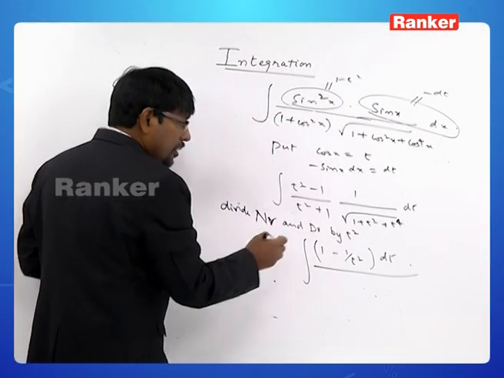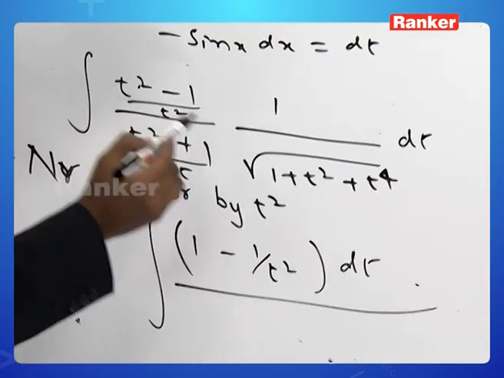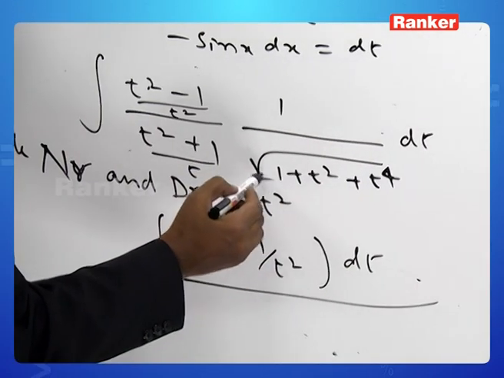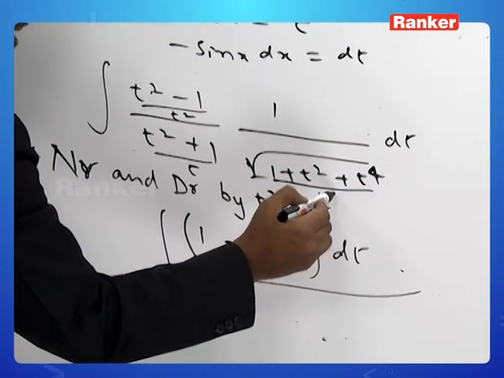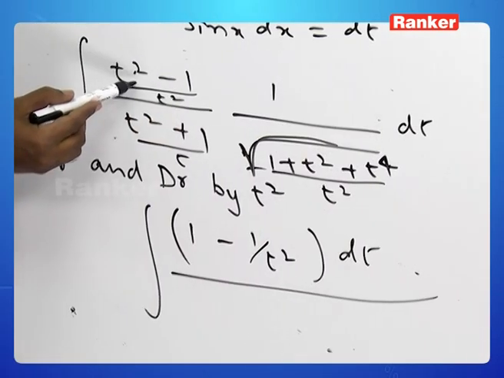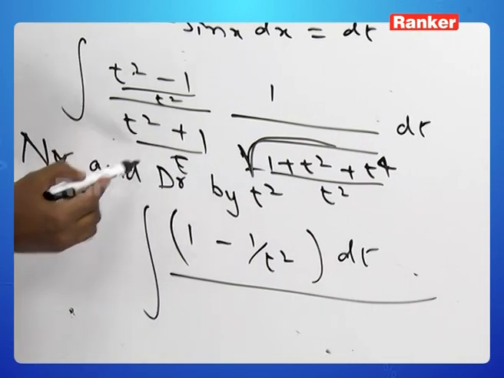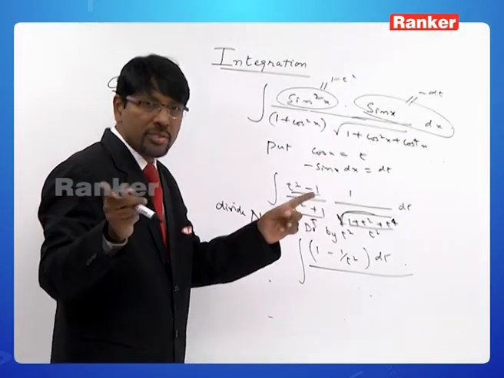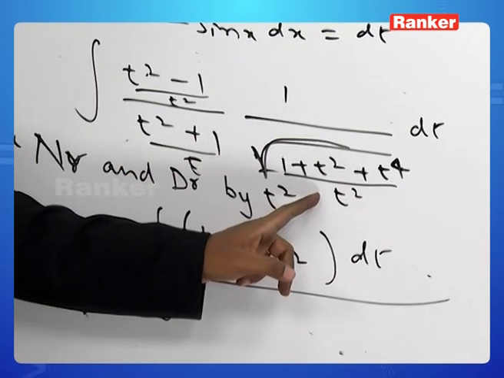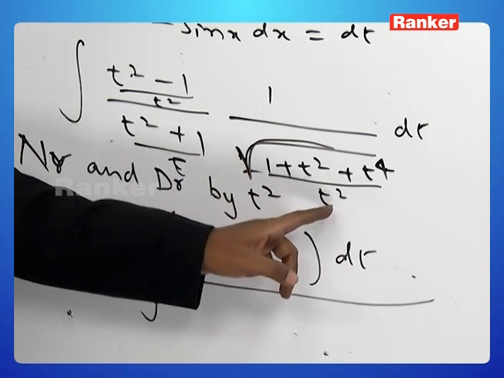Again, when dividing the denominator by t square, we will divide the first factor by t and the second factor by t, so that when I take it inside the square root, it becomes t square inside. I am dividing the numerator plainly by t square, and the denominator also by t square, but the t square we split into two parts, t for the first factor, t for the second factor. But that second factor involves a square root, so I take it inside the square root by making it t square.